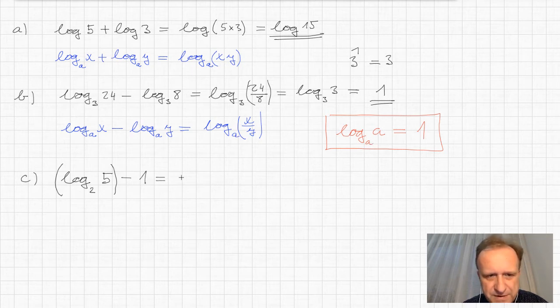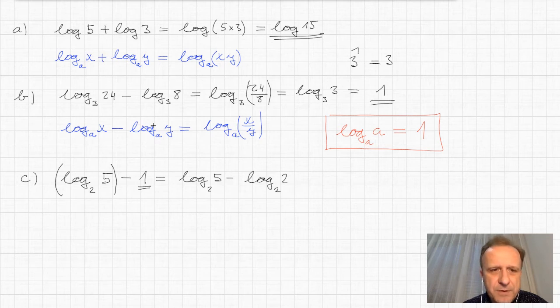So let me do that. It's the logarithm in base 2 of 5 minus logarithm in base 2 of number 2. This logarithm here replaces 1. Now, again, since there is the difference of two logarithms, there is a subtraction used here.